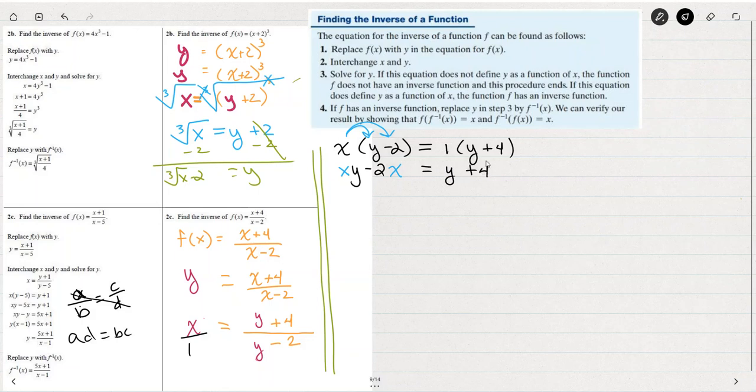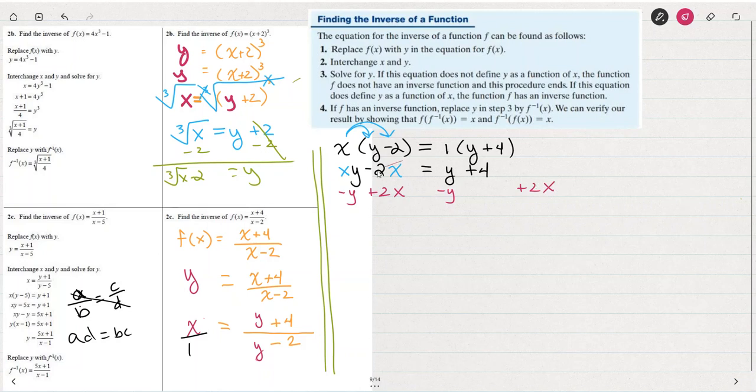And now, as I look at this, I see if I'm going to isolate the y's, I need to get all the y's together and all the x's together. So how about if I subtract y from both sides and add 2x to both sides.